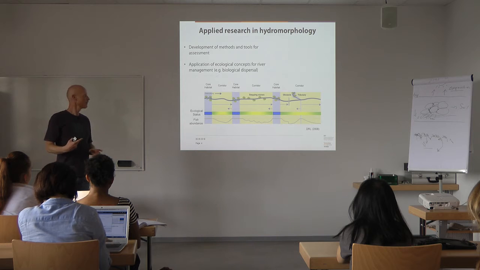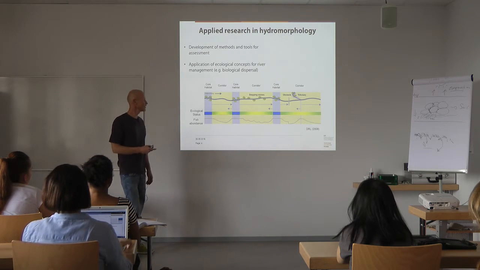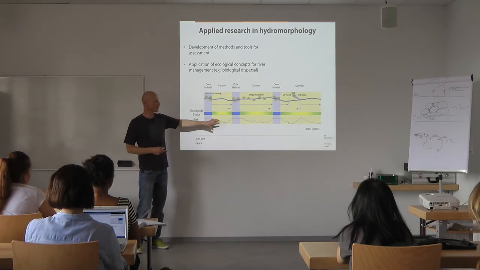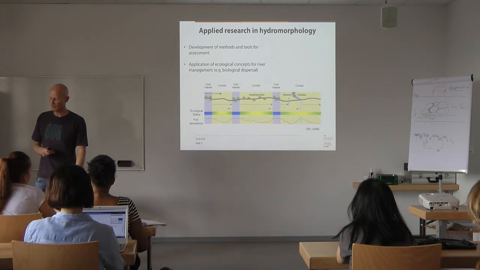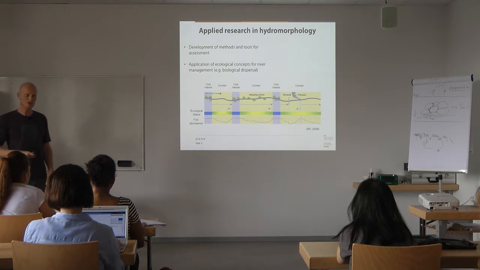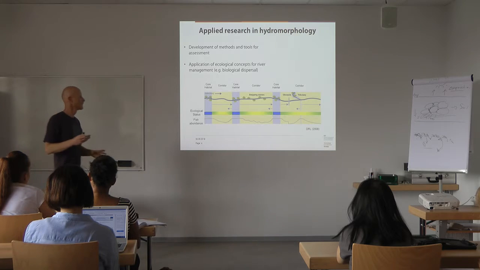We use this information for managing our rivers or for improving our rivers, and this is one of our core concepts we are based on. That's the concept of biological dispersal, which comes from terrestrial ecosystems, ecological corridors.